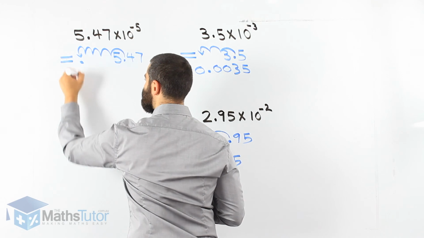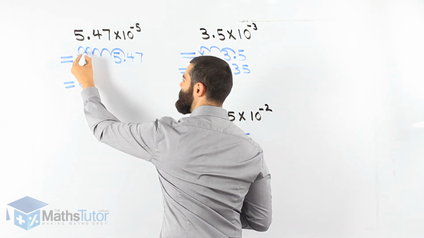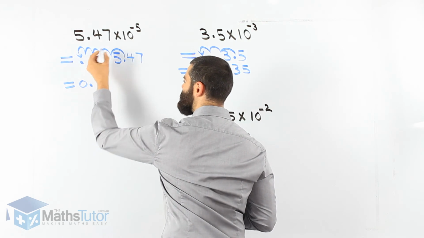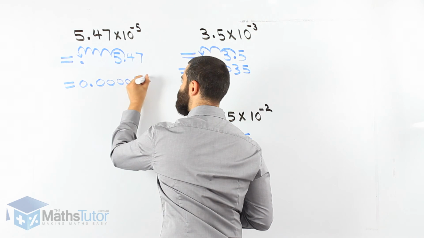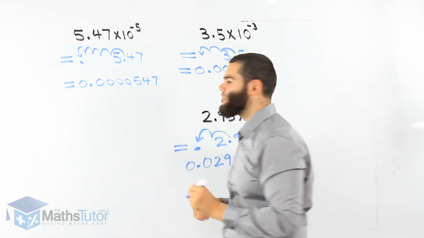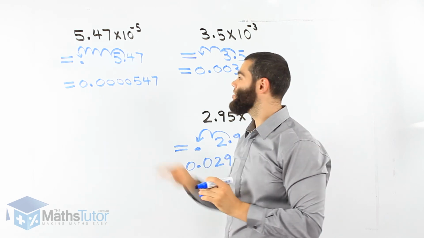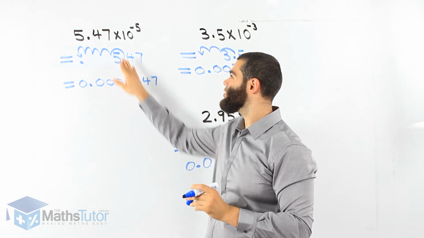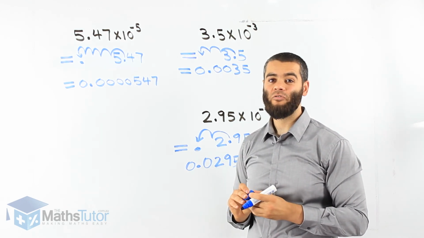Our point's going to go right there. So 0 point. We're going to have 1 zero, 2 zeros, 3 zeros, 4 zeros. And then 5, 4, 7. 0.0000547. That is the basic numeral, the basic answer for 5.47 times 10 to the negative 5.